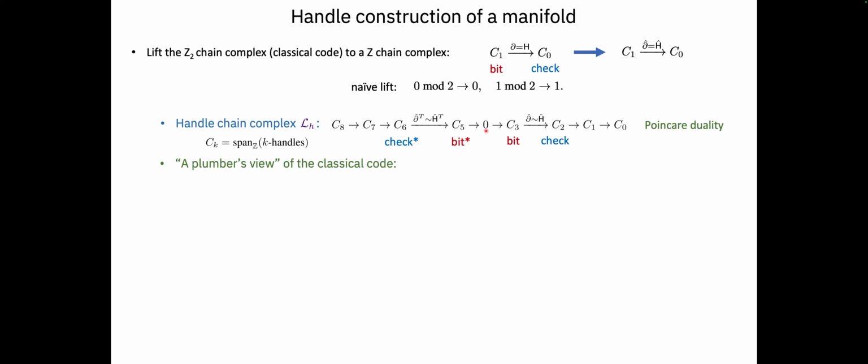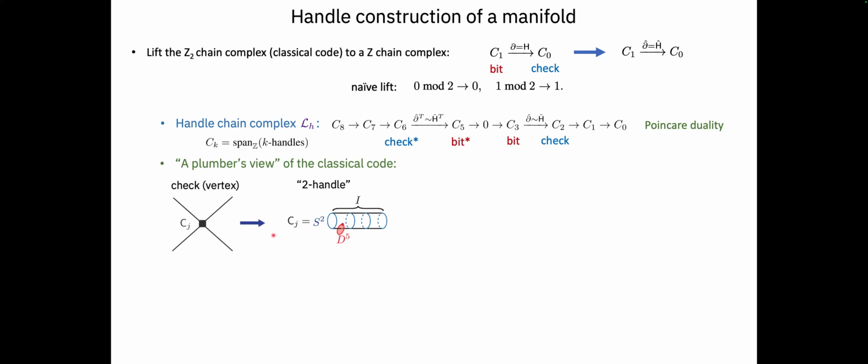So now we show how to build this handle chain complex and the corresponding manifold. We start from the classical code where we have a check represented by the square box. That is the vertex on this hypergraph.